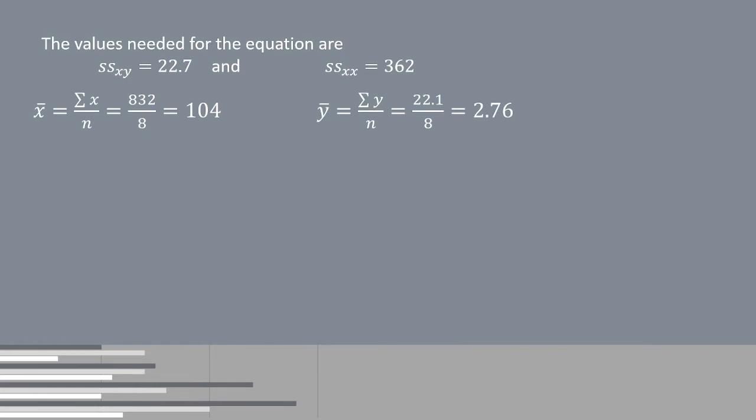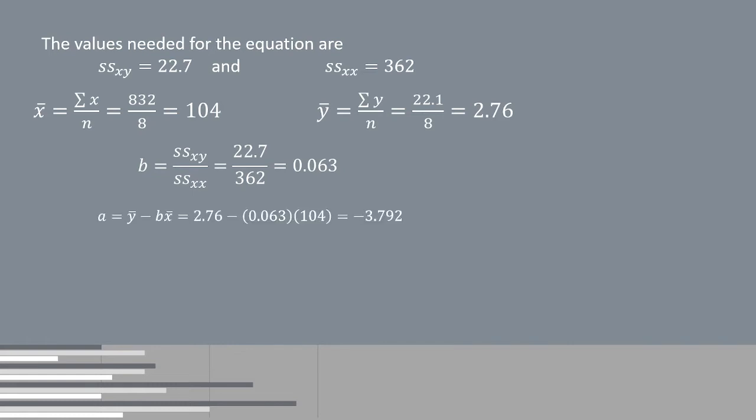So, next step, we should determine our x bar, which is 104, and y bar, which is 2.76. For the next step, we will determine our b. We all know that our sum of squares xy is 22.7, and sum of squares xx is 362, so b will be equal to 0.063.